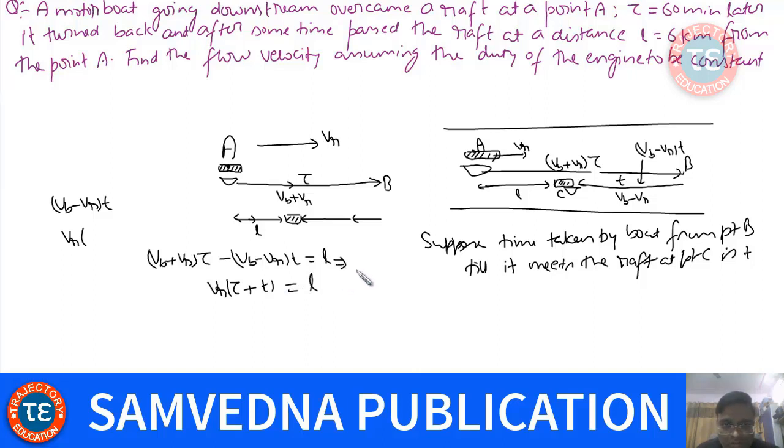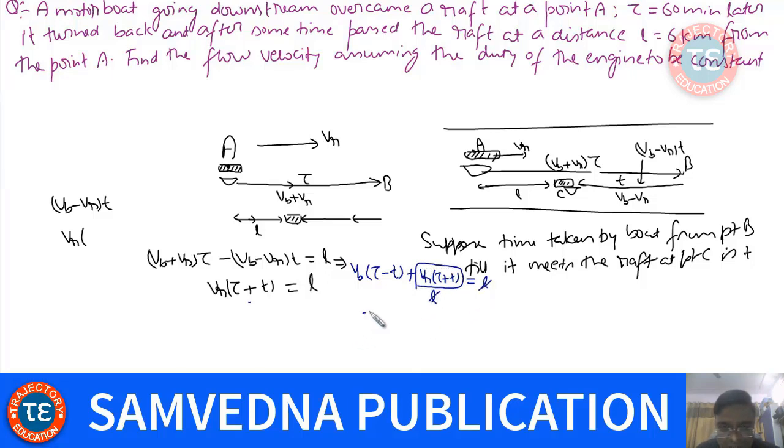Okay, so this gives you what? If I open it, this will be VB tau minus T plus VR tau plus T is L, and this is also L from here.